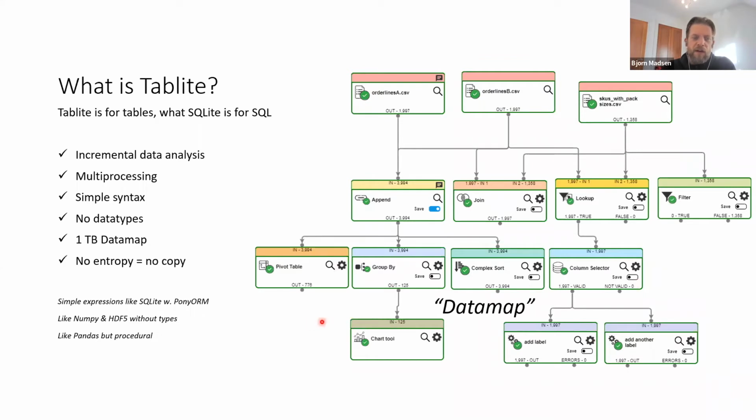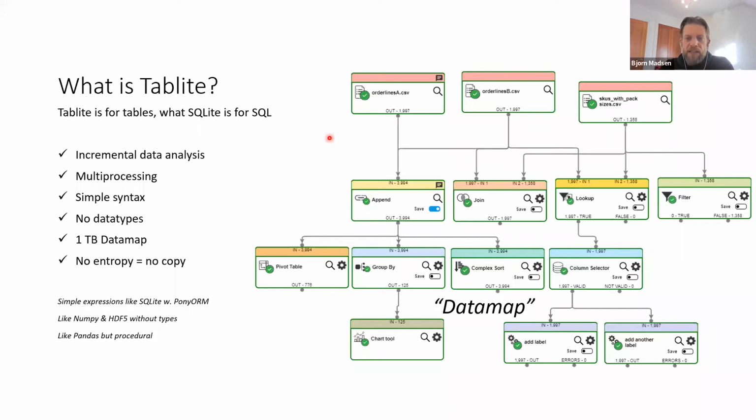The whole goal with Tablite is that you can do incremental data analysis. You don't need to worry about multiprocessing. It has a simple syntax to work with. It supports the idea that when you're working with Python on simple mathematics, you don't need to worry about data types. You don't want to worry about whether it's a float or an integer. You just want to do the math to make the numbers add up.